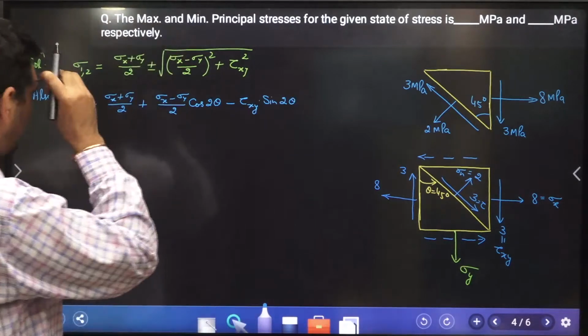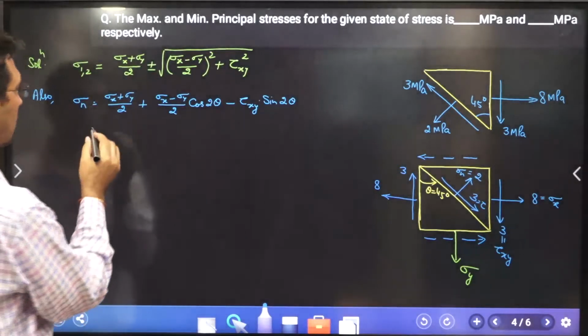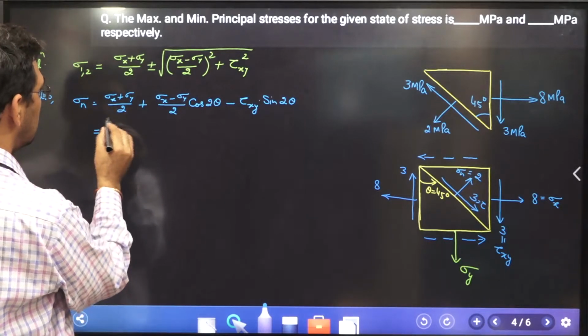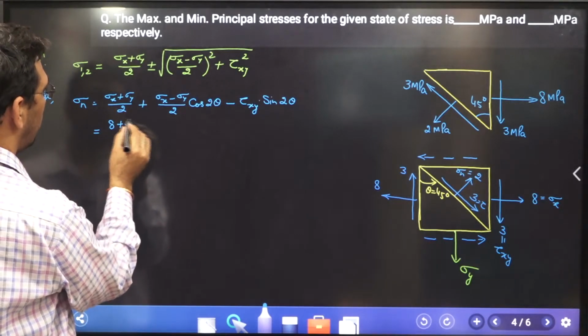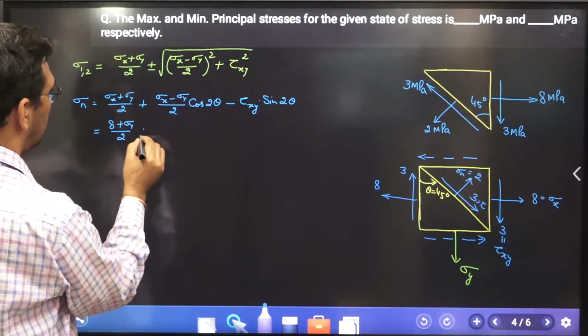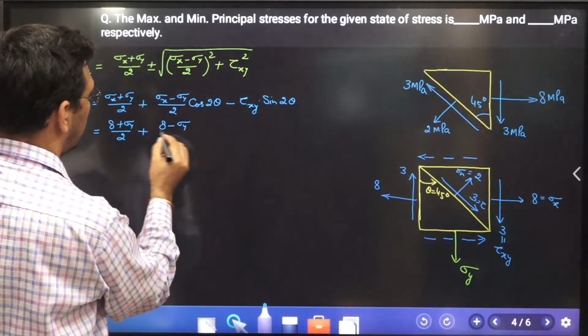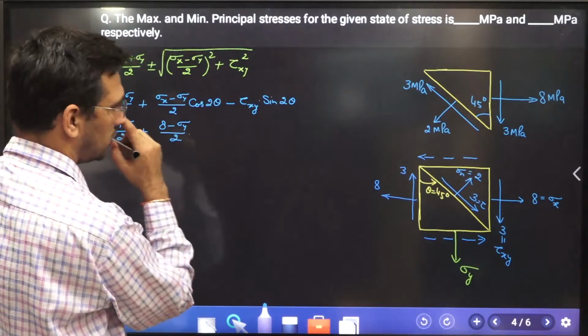Just input the values. Pretty simple. Sigma x is 8, tensile in nature, plus sigma y, which I don't know, divided by 2, plus sigma x, 8, minus sigma y, divided by 2, times cos 2 theta.